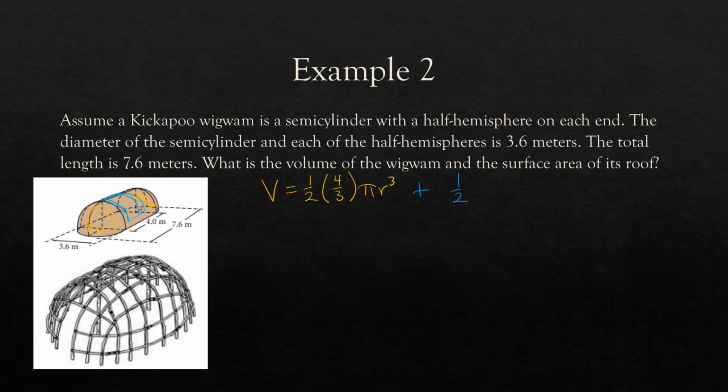The base is going to be a circle, so pi r squared. Our r is going to be half of the diameter. It said here that our diameter was 3.6, so half of 3.6 is 1.8. That's our r. So this is again the base of the cylinder, and we only have half of the cylinder since it's laying flat on the ground. So the base of the cylinder times the height of the cylinder, and in this case that is the 4 meters in between.